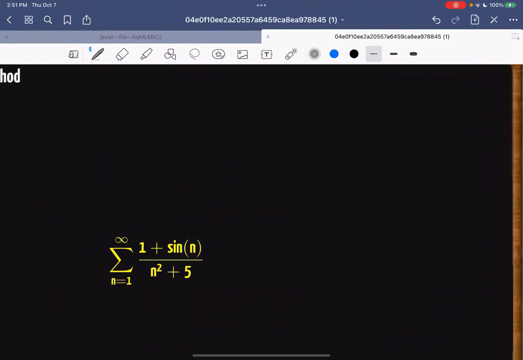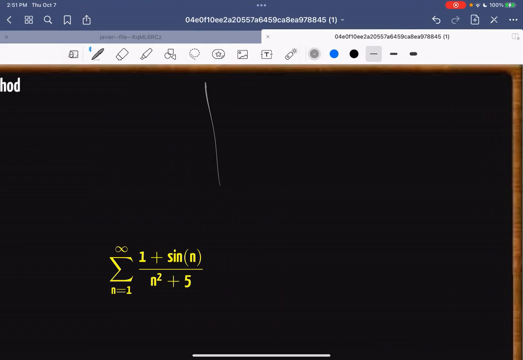I think I should write an example where I show divergence using the comparison test. Suppose I wanted to find the limit of 1 over n plus ln of n.